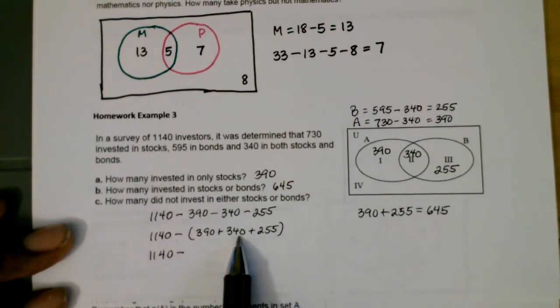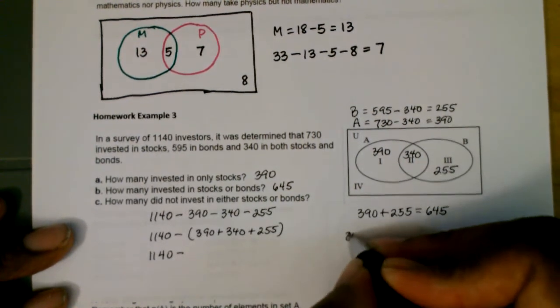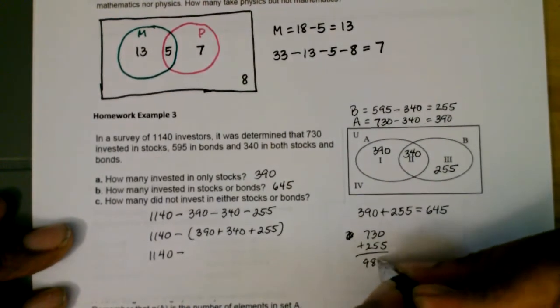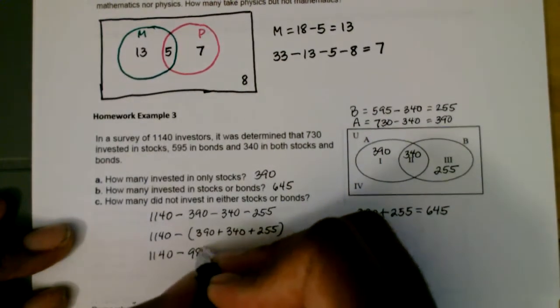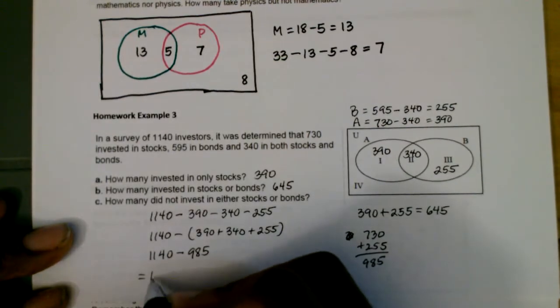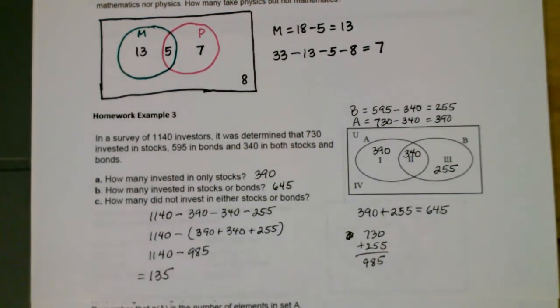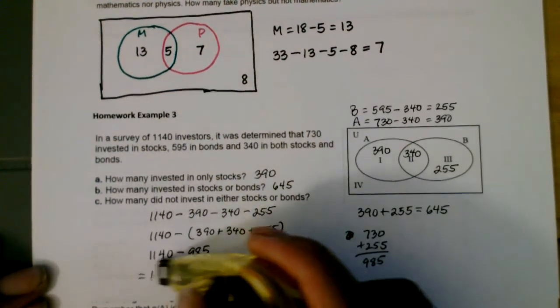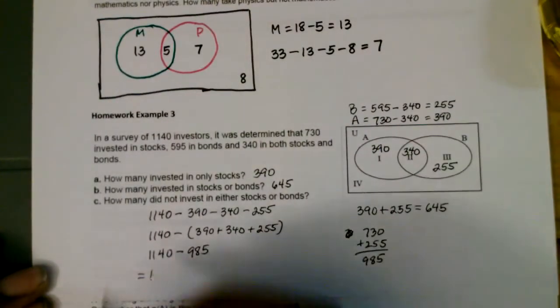Let's see, 390 and 340 is 730. 730 and 255 would be 985. And then subtract 985 from 1,140, you'll end up with 155.